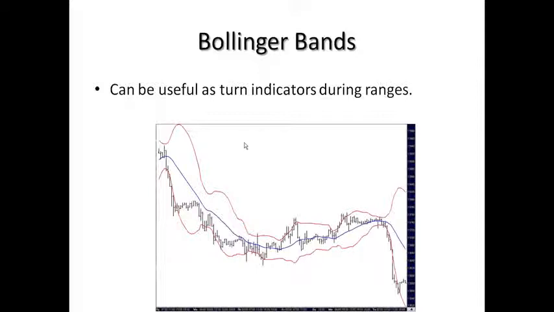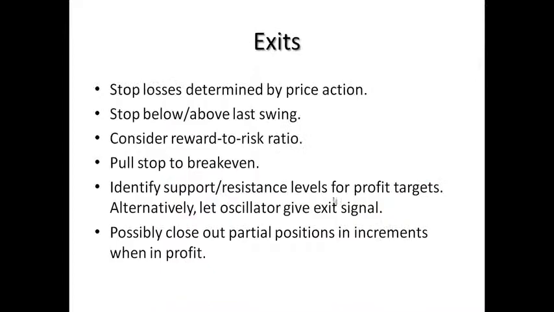Bollinger Bands also, you could use within ranging situations; oftentimes Bollinger Bands will help confirm support and resistance in a sideways motion. But Bollinger Bands were really meant more for trend following and volatility breakout types of uses as opposed to range trading. But they can also be used oftentimes to help support your support and resistance lines.